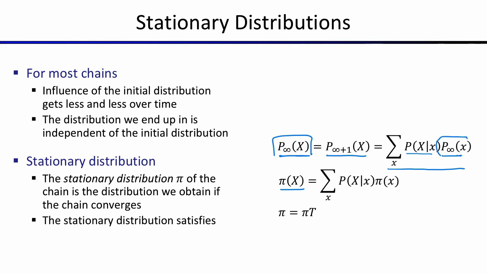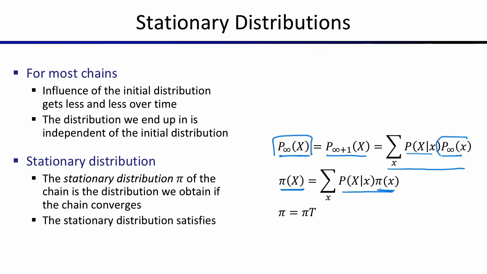So we use the symbol pi to denote the stationary distribution for Markov chains. So pi of x is going to be equal to our definition of the mini-forward algorithm. I apply the transition probability to pi of x, and we continue to have the same probability distribution. So we got into the stationary distribution, we got the convergence.